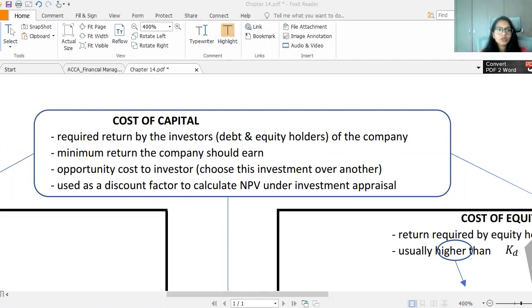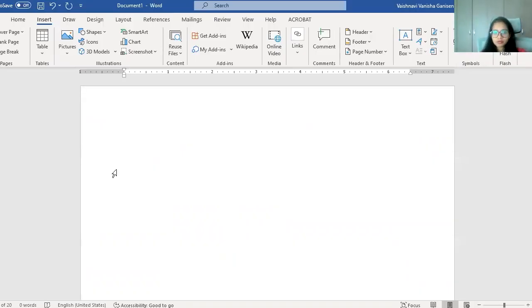So I want you to copy whatever I'm going to write down, but at the same time, focus on trying to copy it in one place, in that particular page itself.